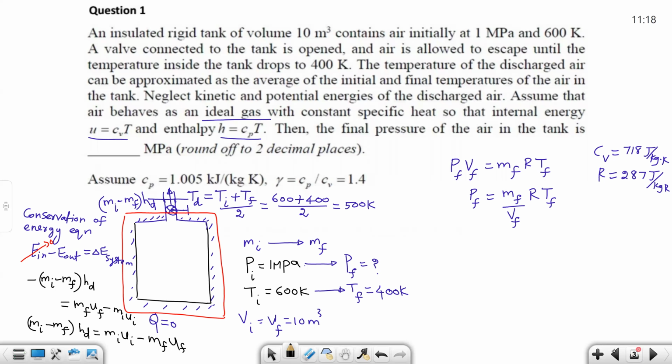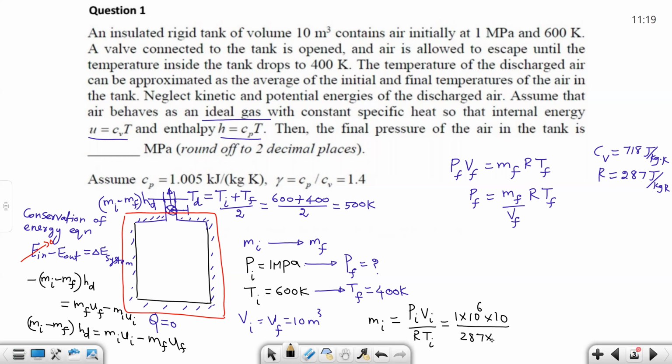So the initial mass, if you take initial mass, it is P initial, V initial by R T initial. The initial pressure is 1 MPa, 1 into 10 power 6 Newton per meter squared, 10 meter cube volume, by R 287.